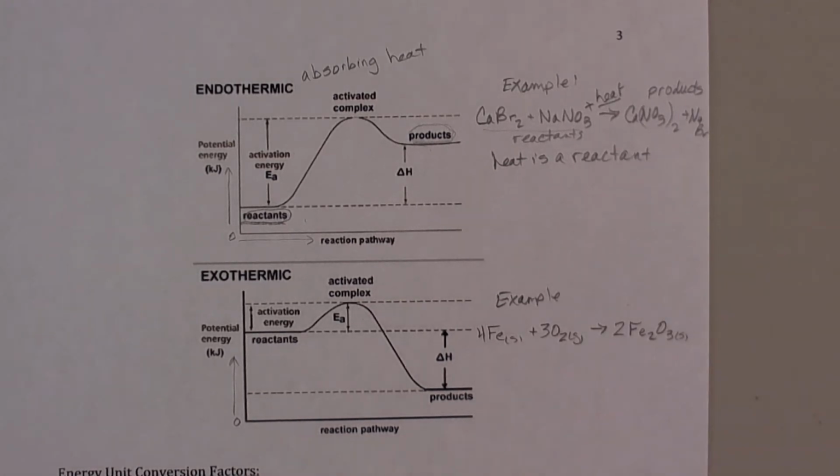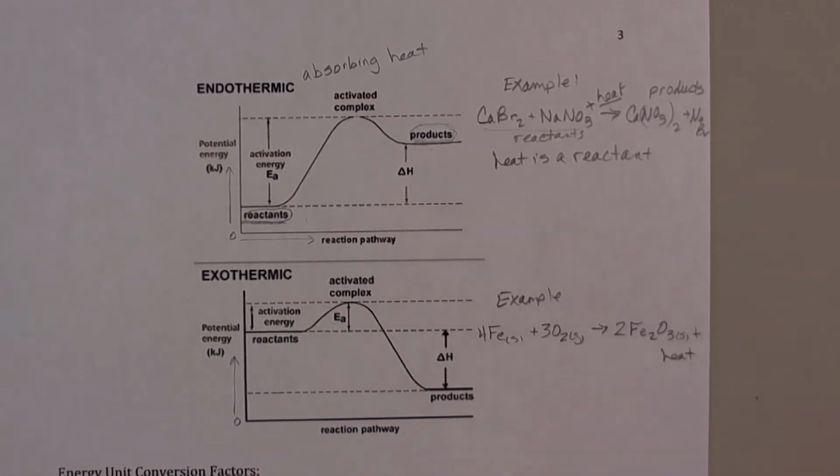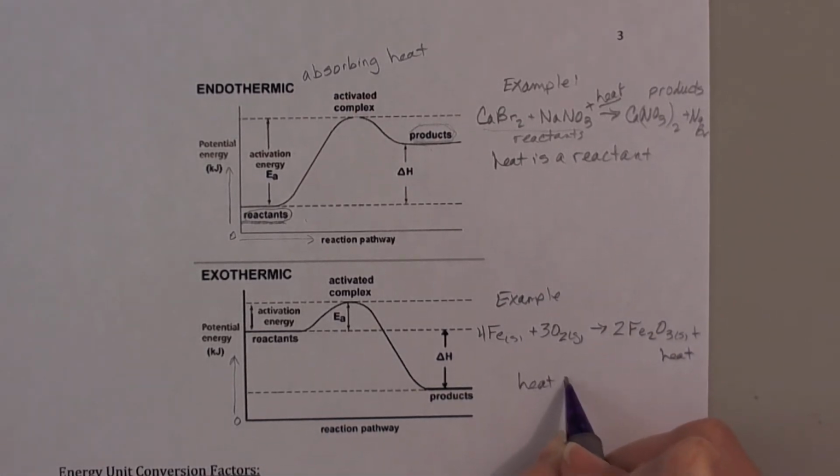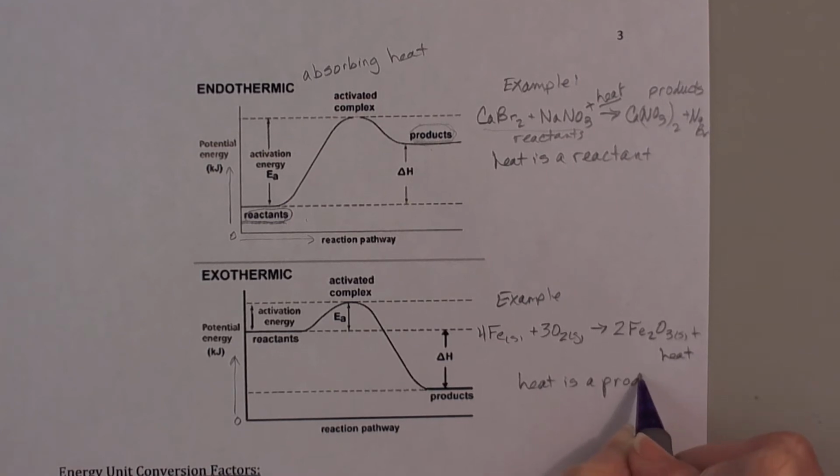Now, in order for this reaction to go, if I tell you it's exothermic, that means heat is a product. So this means that heat is given off as part of this reaction.